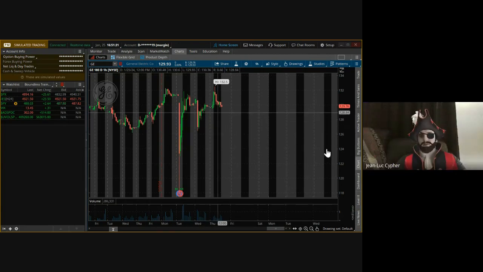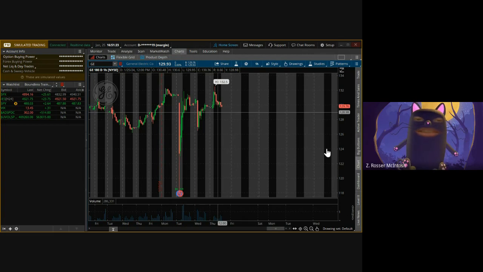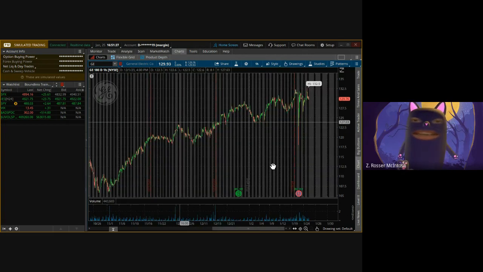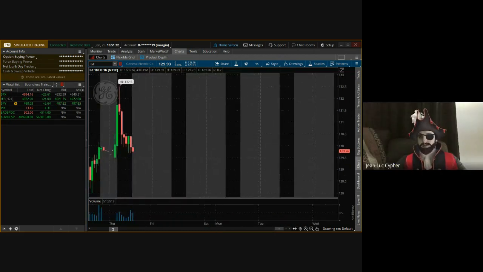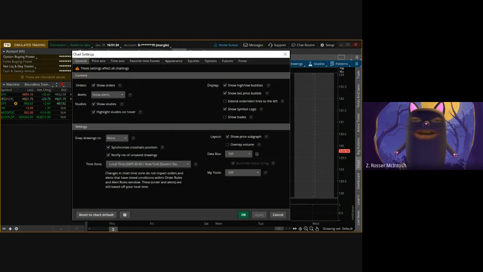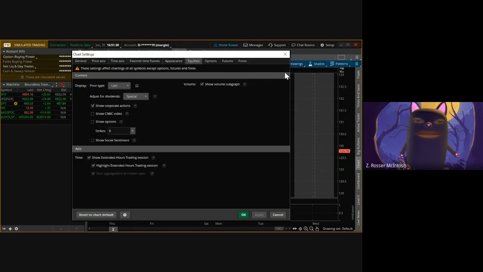Okay. So if we look at those, go to the gear at the top. Gotcha. And let's go to equities, and then go to show extended hours trading session and turn that off.